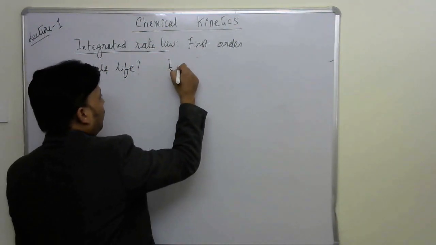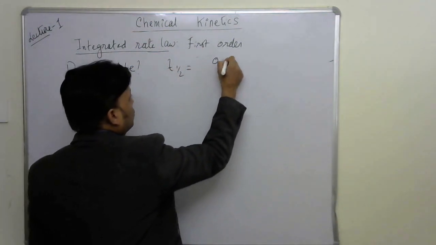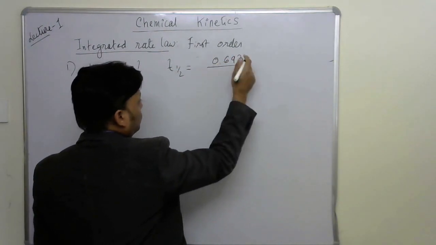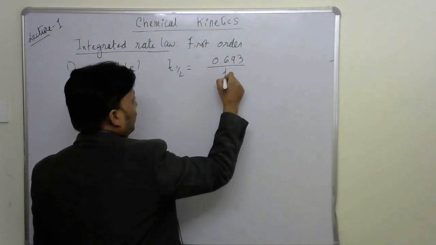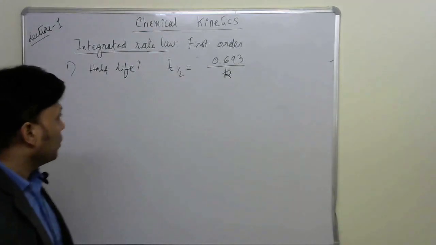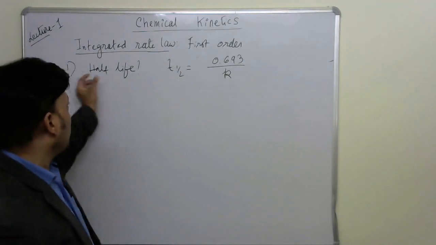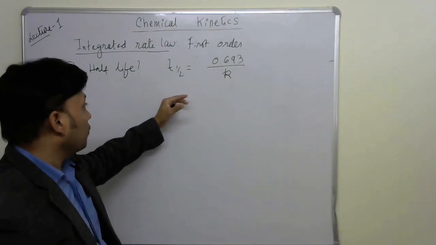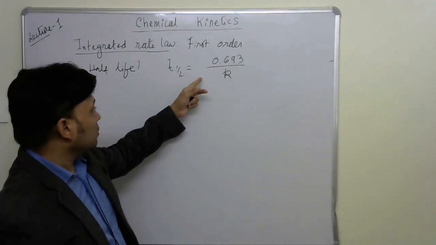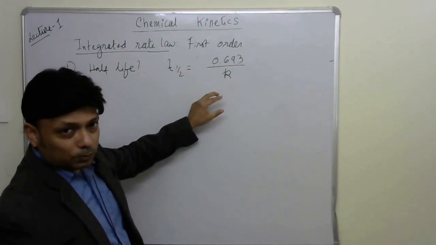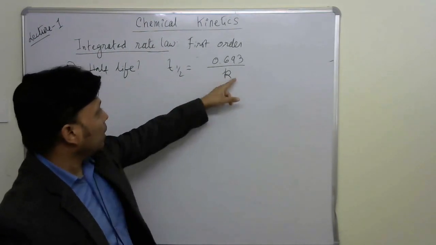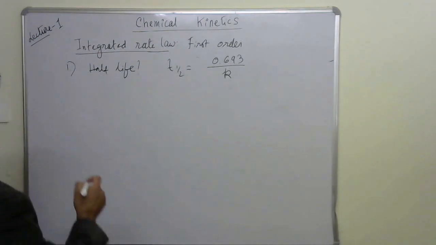You have to show the half-life t half is equal to 0.693, up to this approximation, divided by the rate constant k. From the integrated rate law, by putting the condition of A naught divided by 2 at time t half, you can easily get this expression.